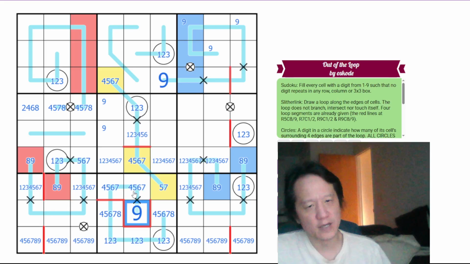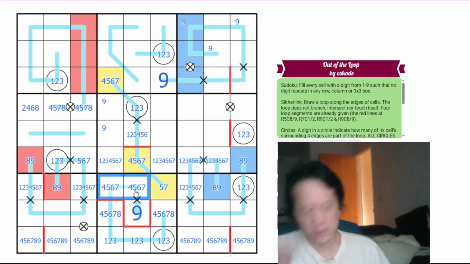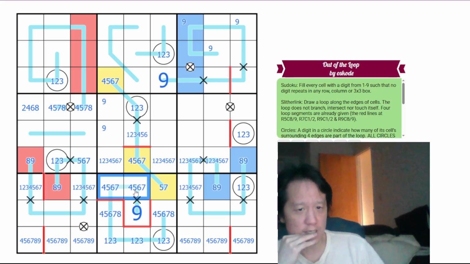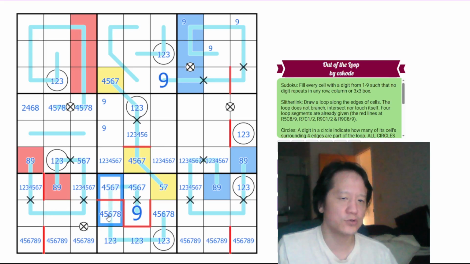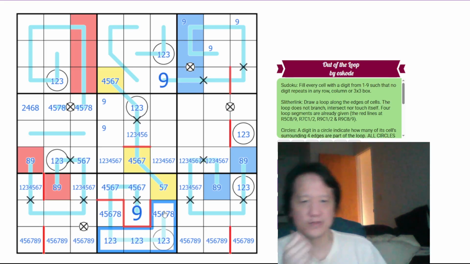So it would have to be 9, 4, and 6. Interesting. But we're not guaranteed that it breaks up this way. It could be broken up to 2, 2, and 4. So it could be divided by 3.